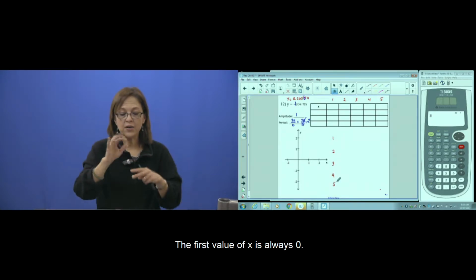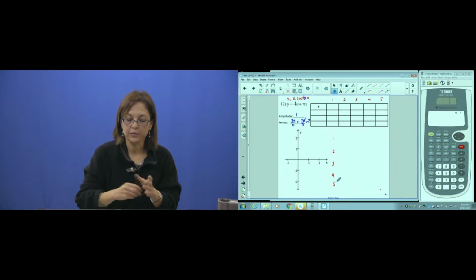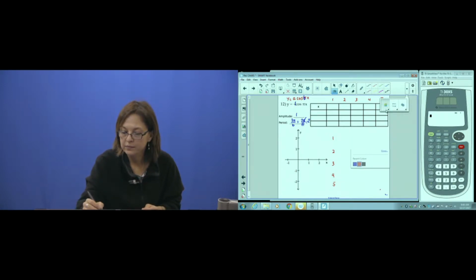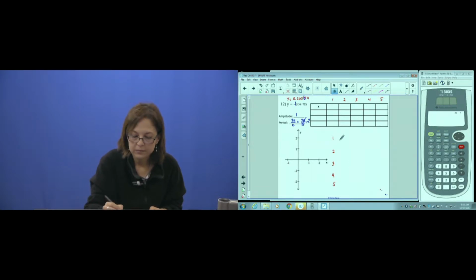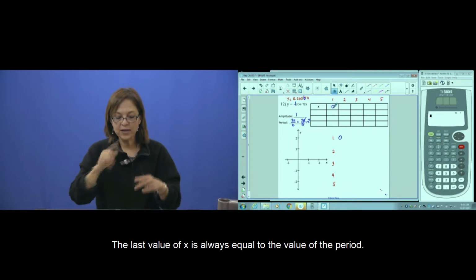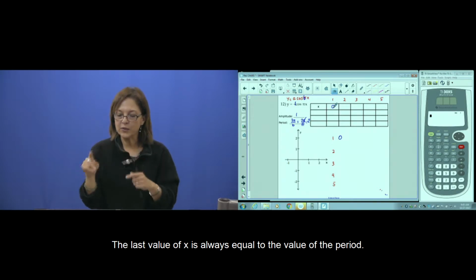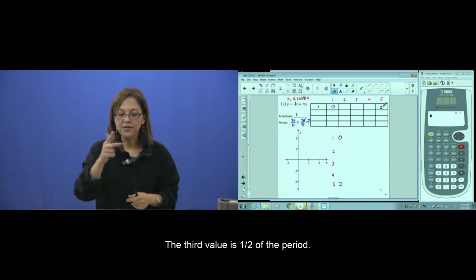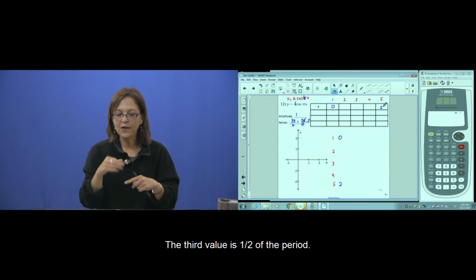The first value of x is always 0. The last value is always equal to the period. Now, the third value is 1/2 of the period.